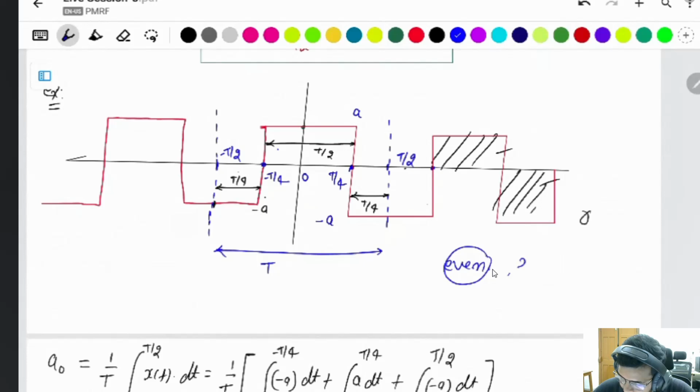Even means x(t) is equal to x(-t). It means if you reverse this signal about the y axis, then the signal will be the same. If you put a mirror here, then you can see this signal is the same as this signal. That's why this will be an even signal.